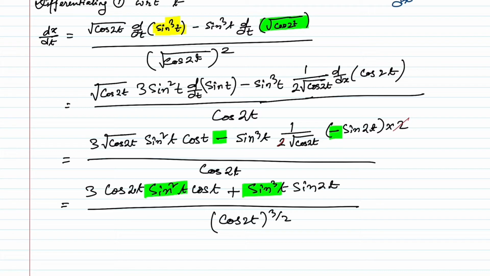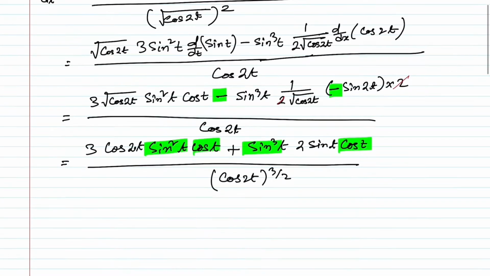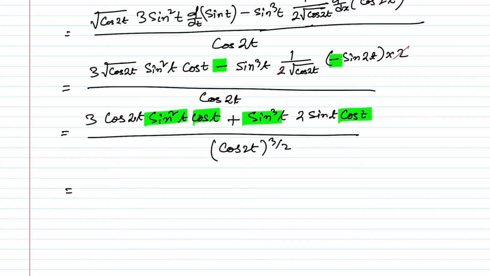Before taking it common, we have to express this sine twice t as 2 sine t cos t, isn't it? So from here we can take cos t also common. Then we will get 3 sine square t and cos t.